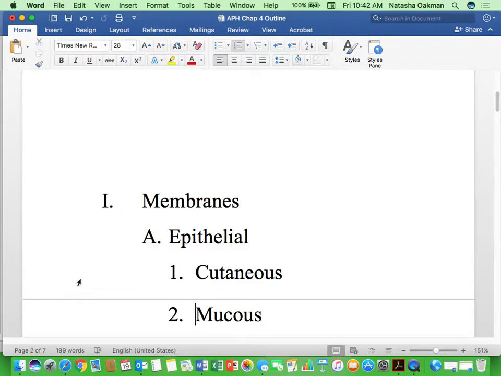Okay, so mucosa, or mucous membrane. Most of the mucosa refers to those membranes that line the internal organs that are exposed to the outside.